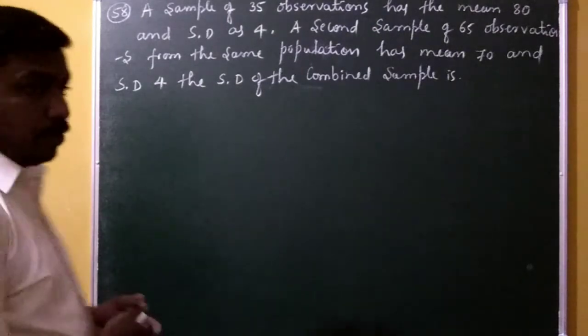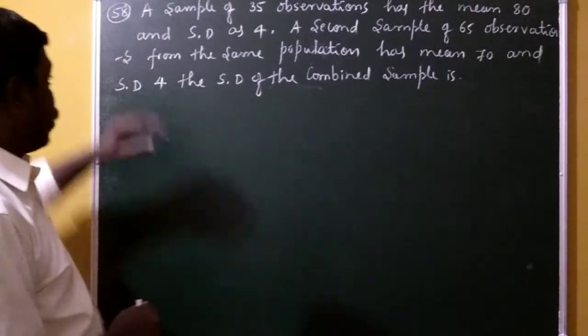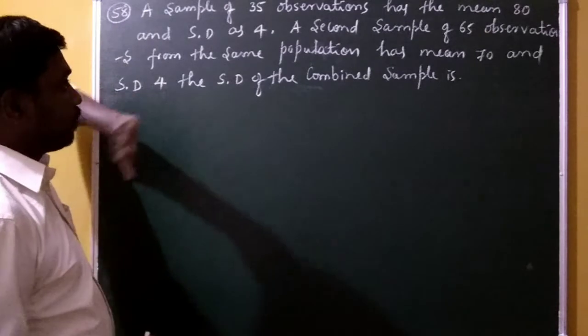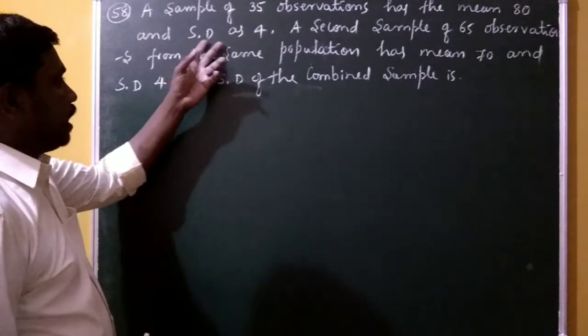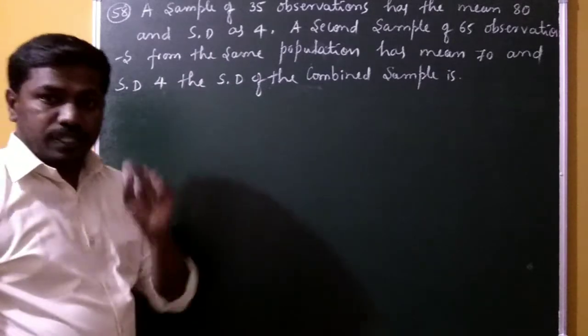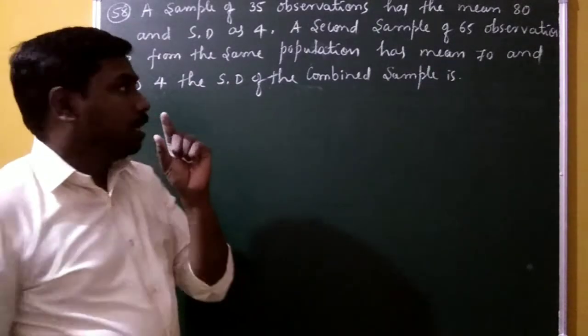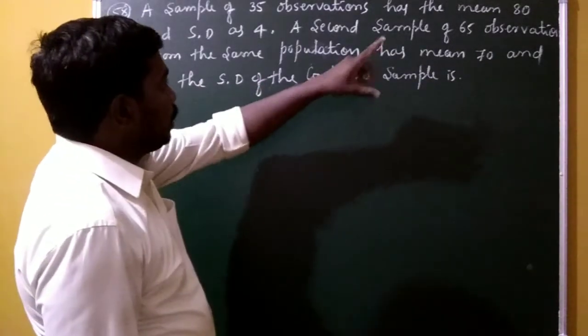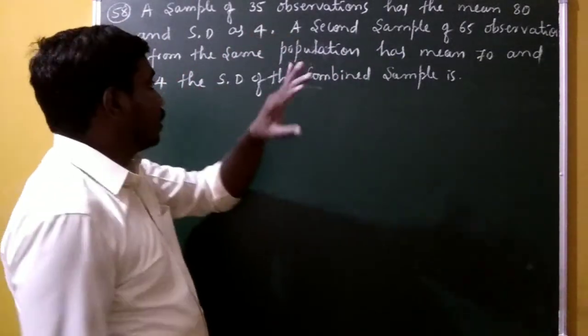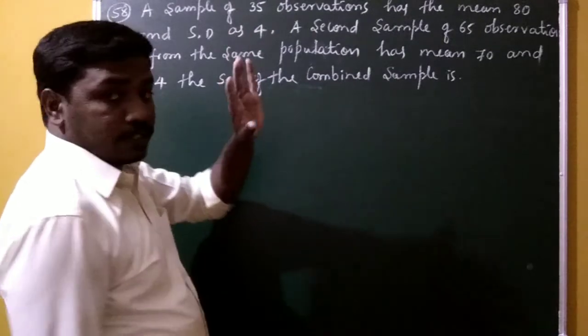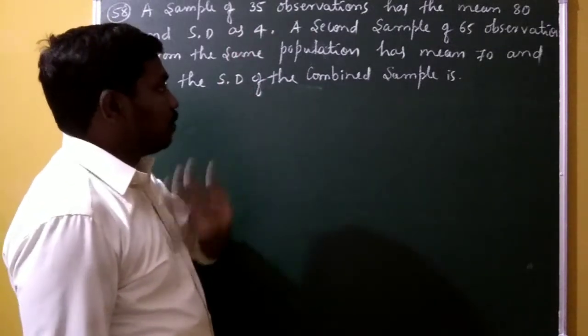So understand this problem. Question number 58: a sample of 35 observations has mean 80 and standard deviation 4. That is one set of observations.